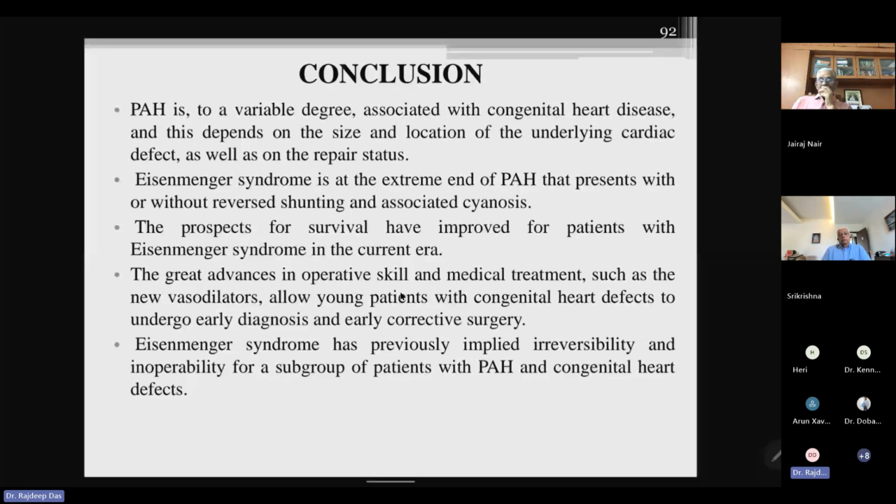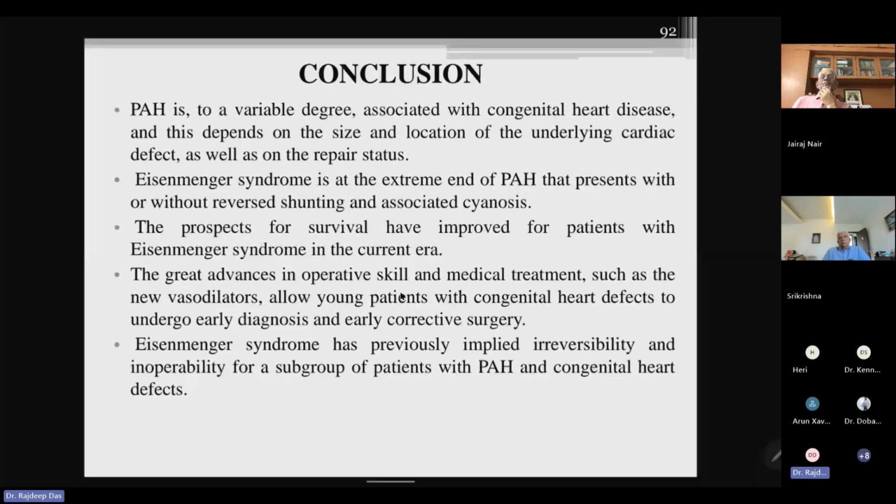The new vasodilators allow young patients with congenital heart defects to undergo early diagnosis and early corrective surgery. Eisenmenger syndrome has previously implied irreversibility and inoperability for a subgroup of patients with PH and congenital heart defects.